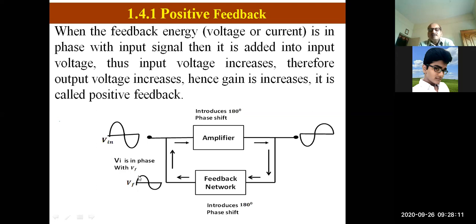When the feedback energy is in phase with the input energy, then what happens? This positive cycle gets added into this positive half cycle, so its amplitude can be increased. This negative half cycle gets added into this negative half cycle, so the negative amplitude also increases.